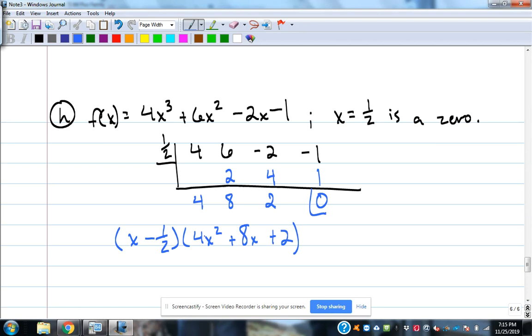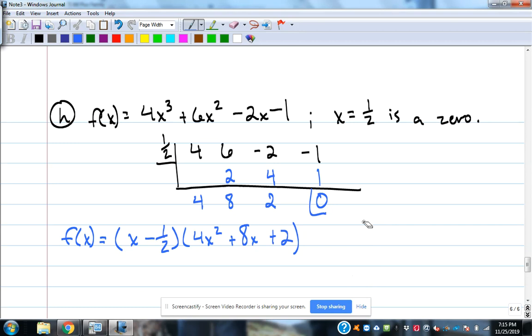Now, I'm going to try to factor 4x squared plus 8x plus 2 with the x thing. I don't know if it will or not. Multiply to be 8 and add to be 8. It's kind of hard to do, right? 8 times 1 is 9. 4 times 2 adds to be 6. And then we're out of options. So that doesn't work. So if it won't factor, what do I have to do to find the other zeros?